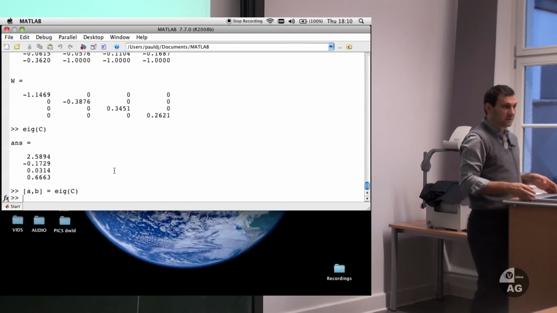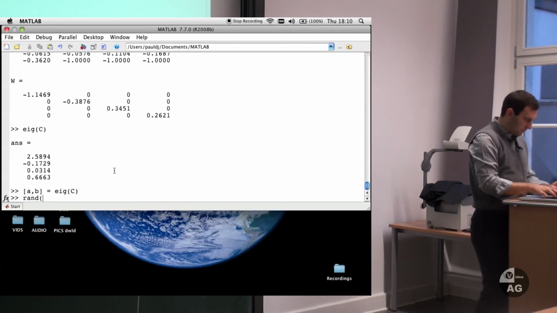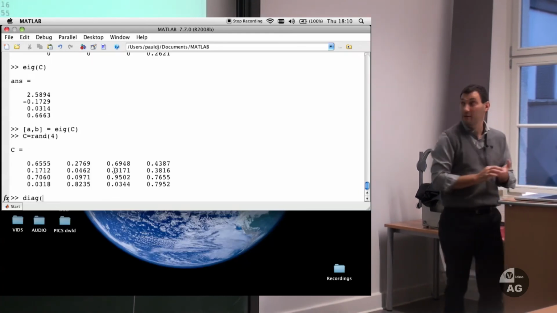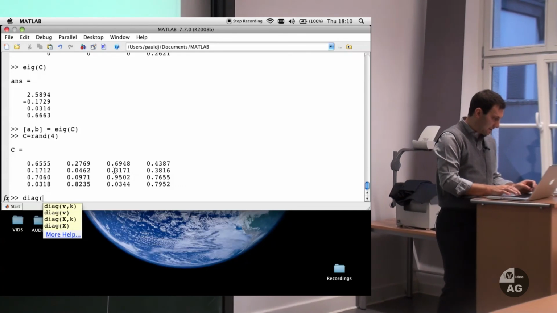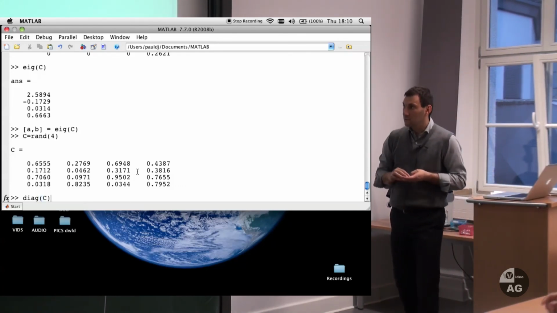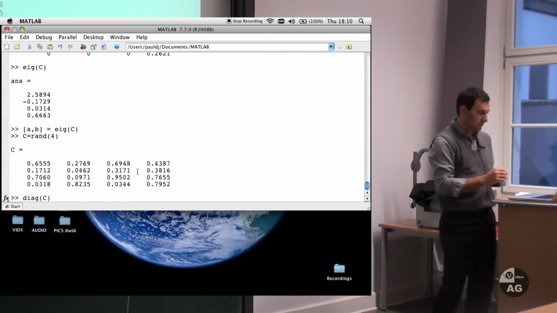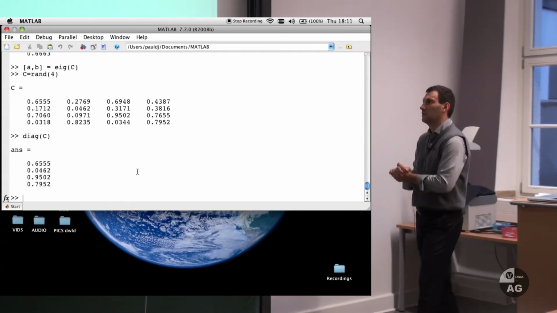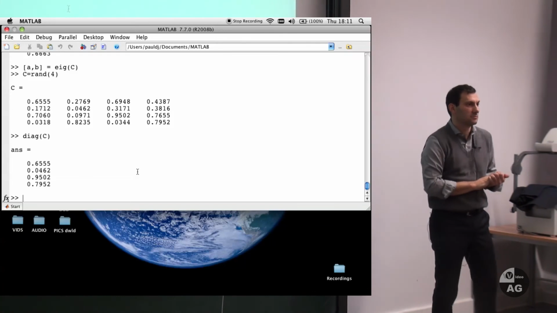Let's move on to another horror story. So rand of 4. Well, we have that already. We have diag. What do you think diag does? The diag takes a diagonal of a matrix C, okay, and stores it as a vector.